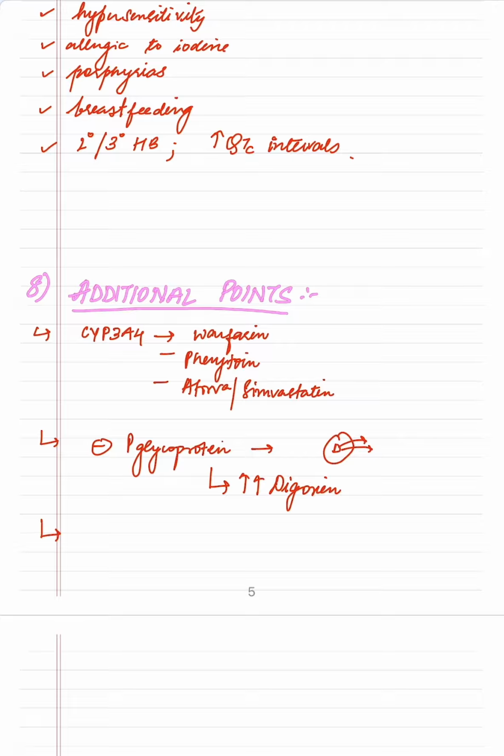Then it also interacts with the PVC tubings. You know, the lines through which we give amiodarone, it interacts with the PVC tubings, and if those PVC tubings have DEHP in them, it will interact with them to release the phthalates.